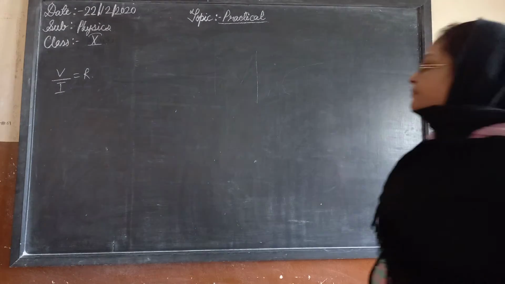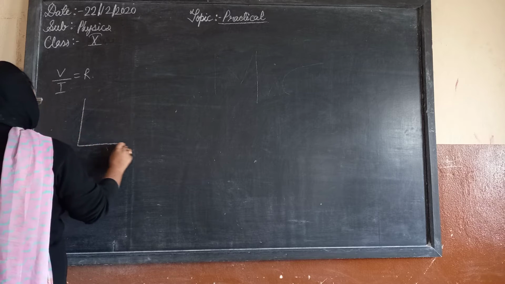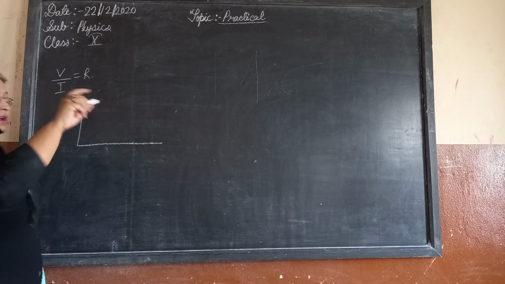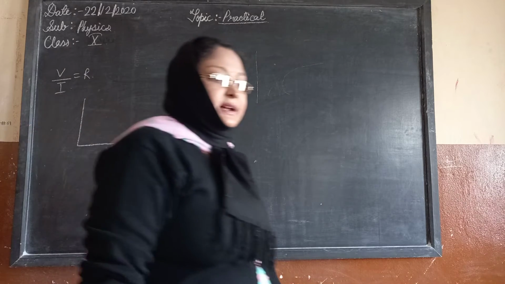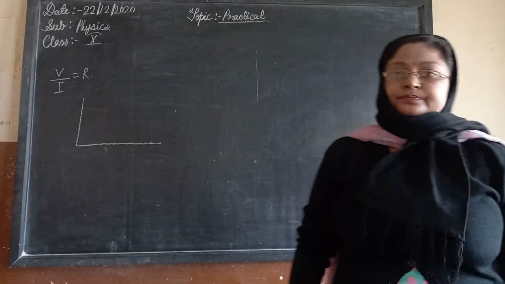So what we have to do here, we will connect the circuit as shown in the figure itself, as we have connected the rheostat with a battery, then a key and a voltmeter and ammeter.